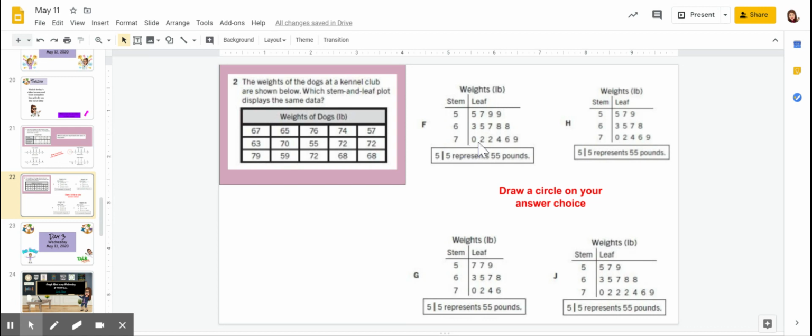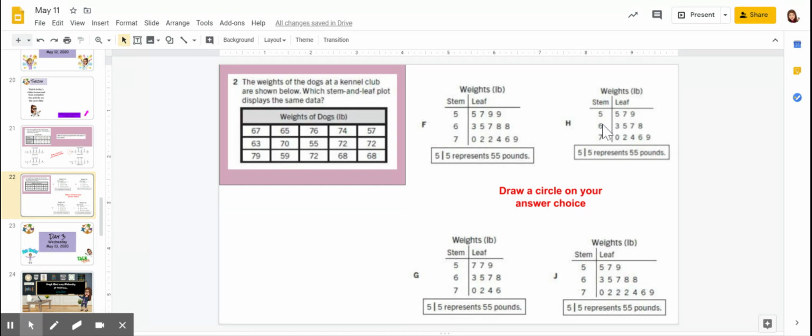I've got 70, but here it says I have two 72s when I have 1, 2, 3 72s. So I'm missing a 2 here. I do have 74, 76, and 79. This is incorrect for the things it's missing and the extra 59 it has.